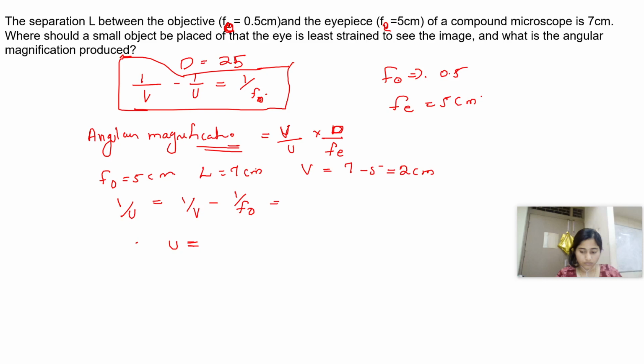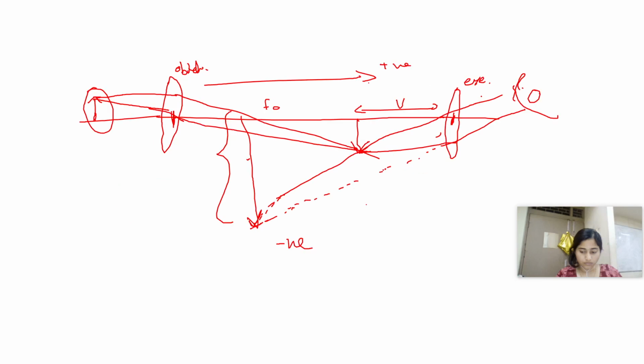Tell me one thing. U is equal to minus 2/3. What is the physical significance of this? U is the object distance from the lens, right? Suppose U is equal to minus x. What does it physically represent? Minus is not giving the value, minus indicates direction.